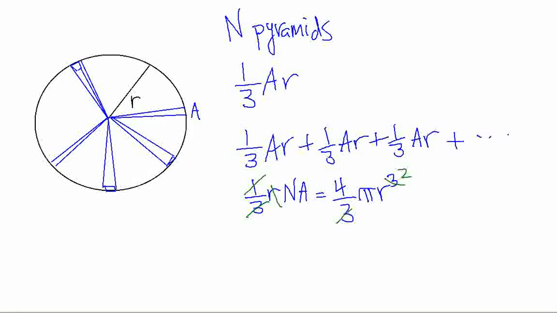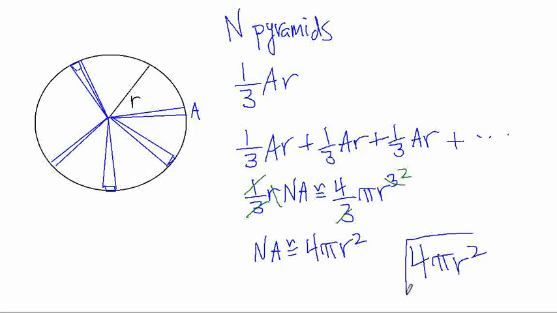I have that nA is equal to 4 pi r squared, and that's an approximation as long as n is some finite number. But if we could take n equal to infinity, then that would be the exact value of nA, 4 pi r squared. So that establishes that the surface area of a sphere is 4 pi r squared.